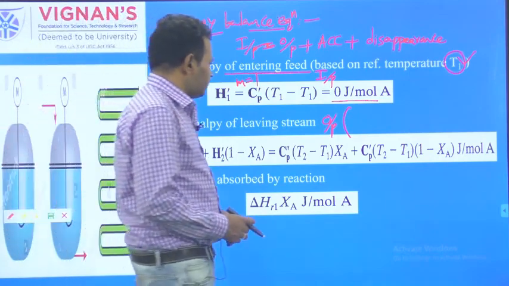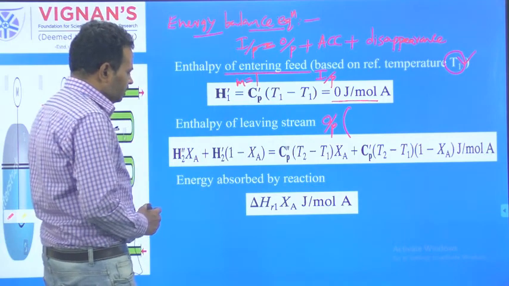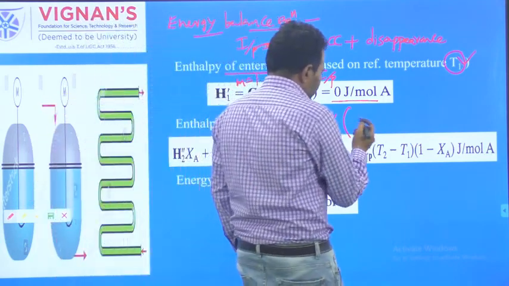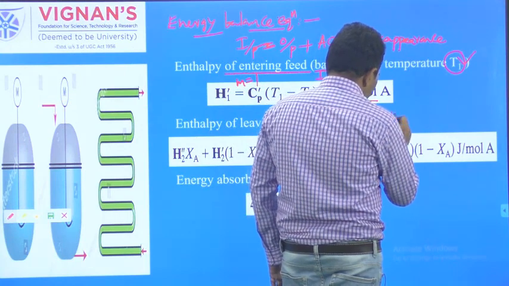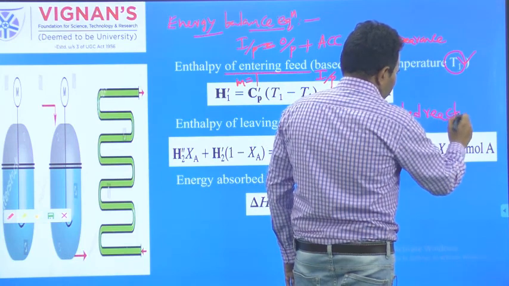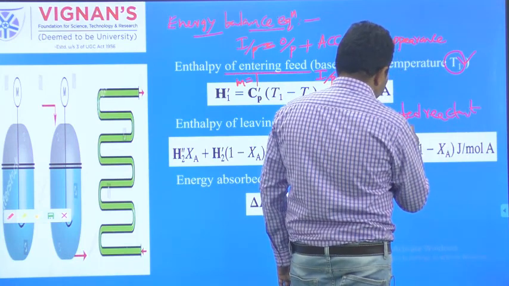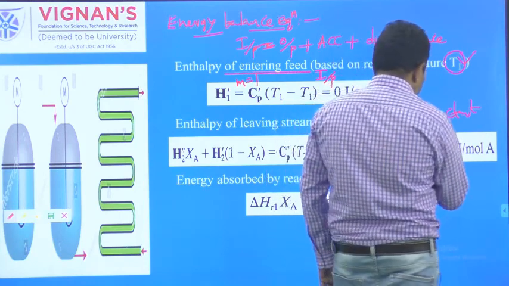So, the output is a combination of the two: unconverted reactant plus the completely converted product.